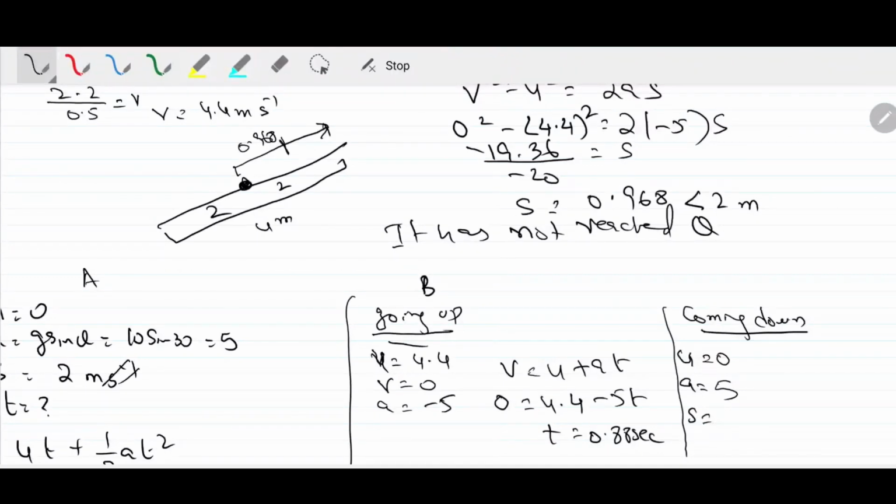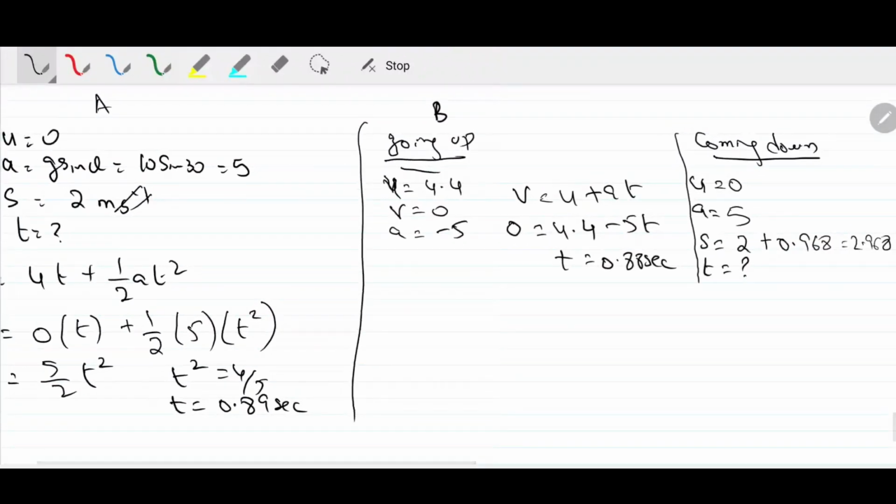The distance that it has traveled up is the initial 2 and then 0.968. So it has to come down 2.968. And we need to find the time. So once again, S is equal to ut plus half at squared.